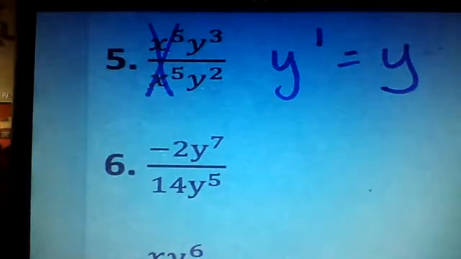All right. Be careful with number 6. Negative 2/14 reduces down to negative 1/7. y to the 7th over y to the 5th is y to the 2nd.